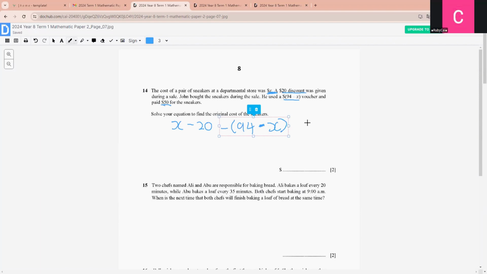And it also said he paid 50. So now that we have the equation, we just need to solve it. And from here, we can just simplify it and write it as 2x minus 114 equals to 50.